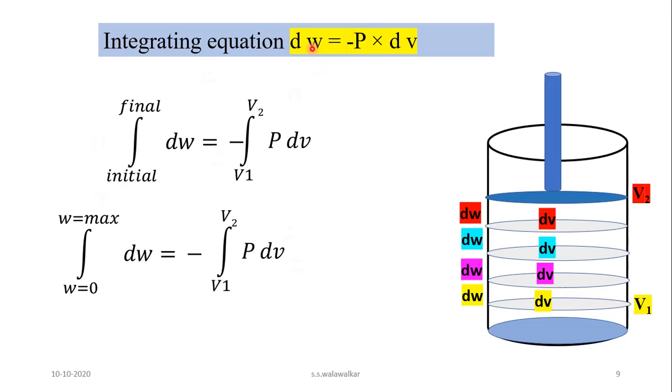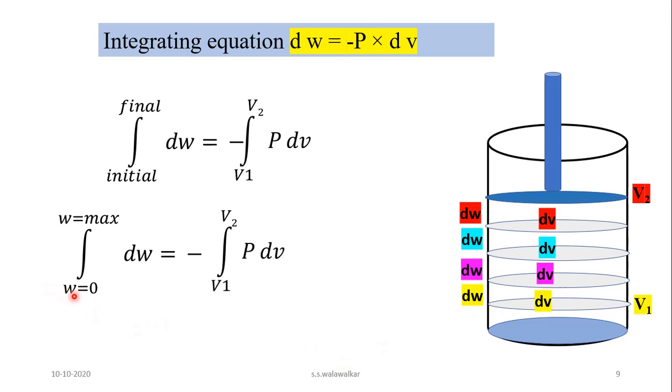So integrating the equation, dw is equal to minus p dv, between limits initial to final, that is equal to minus p dv between limits V1 to V2. Here the initial work is 0: at volume V1, work is equal to 0.